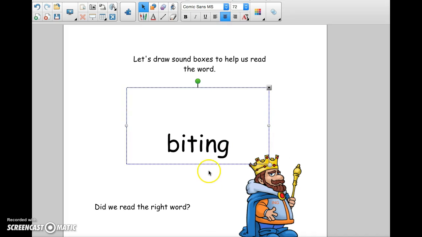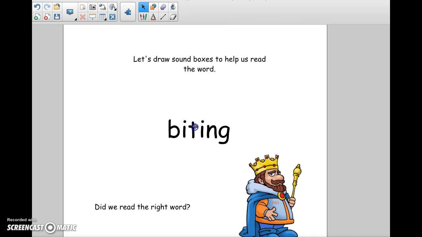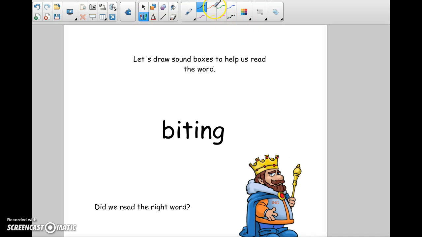Anyway, so we had the one word, and then we did our sound boxes to try to sound it out. Always looking for letters that work together. I cannot stress that enough. So as you can see, we have B, and not knowing that the word is biting because we're trying to sound it out, they wouldn't know that it originated from the word bite, so they wouldn't know that this is the vowel name for I. So they would say b, it, ing, bitting.